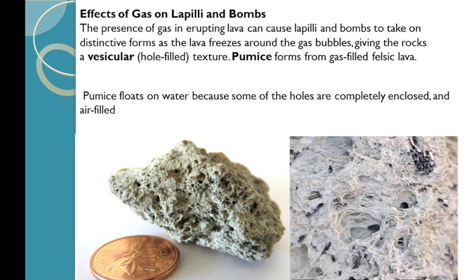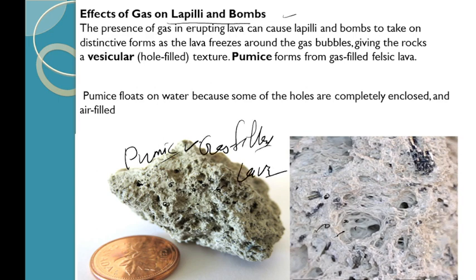Effect of gas on lapilli and bombs. The presence of gas in eruptive lava causes lapilli and bombs to take on distinct textures as the lava freezes, giving the rock a vesicular texture. These are vesicles, holes filled with gas. Pumice forms from gas-filled felsic lava.